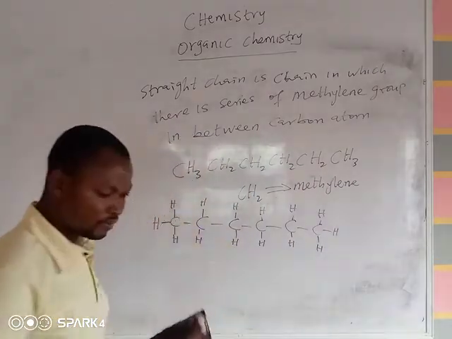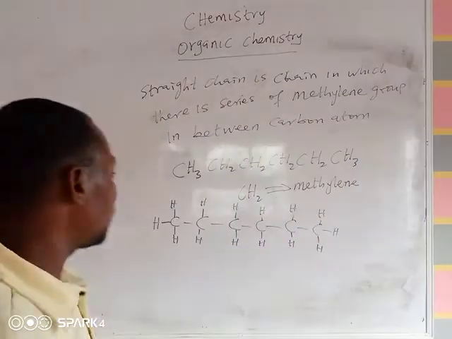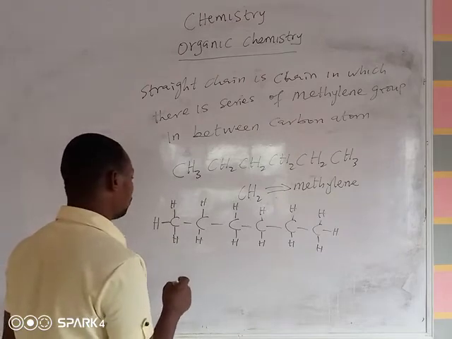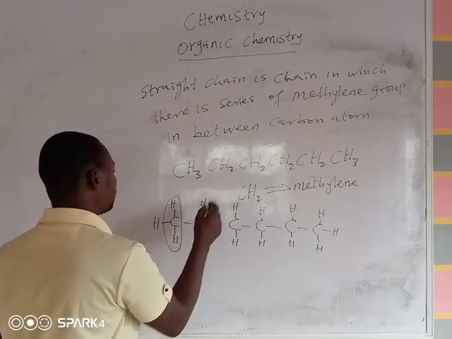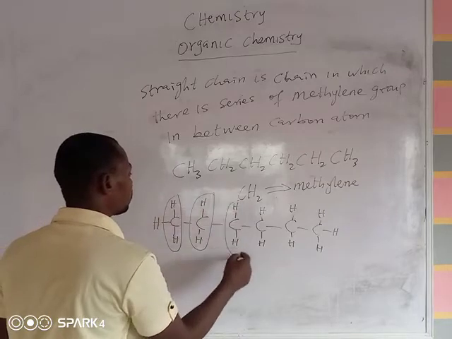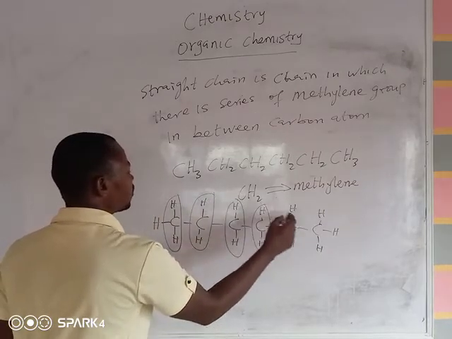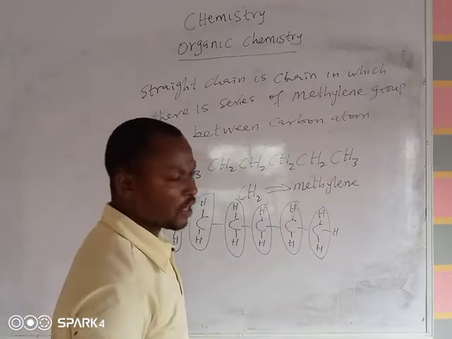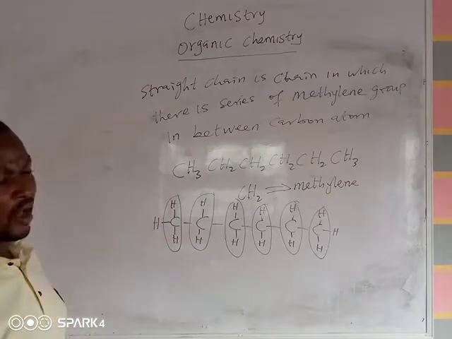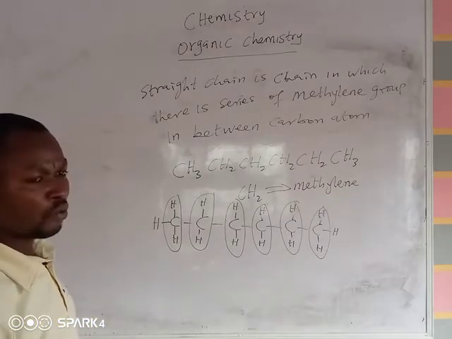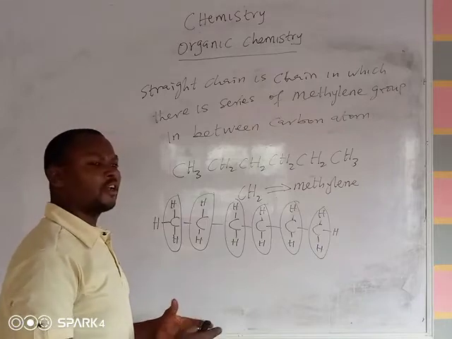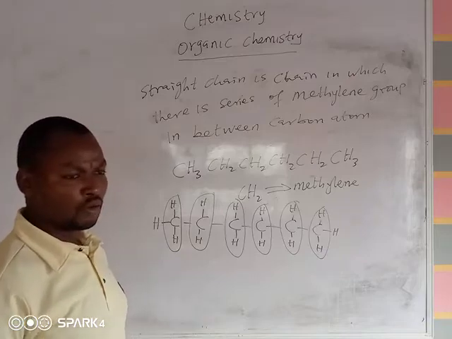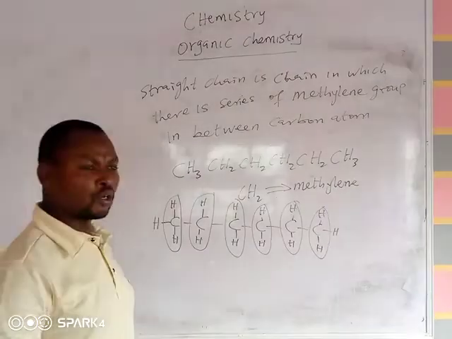Alright, so why do we say we have a series of methylene group? I told you that methylene is CH2. Look at it. This is CH2. This is CH2. This is also CH2. When we are talking about straight chain, you have to make sure that the hydrogen attached to the carbon is 2, unless there's a substituent.